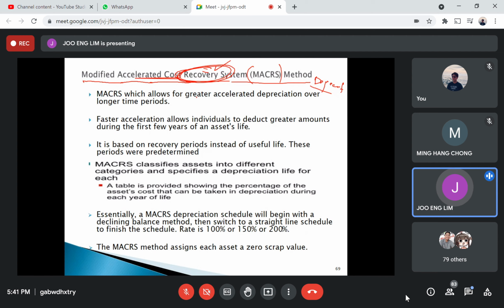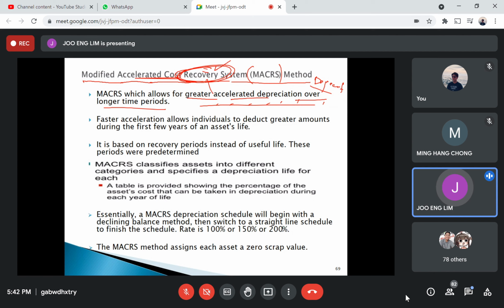MACRS allows for greater accelerated depreciation over longer time periods. This is very good when you have a very long project and you can choose the years that you want to take the project to be depreciated. You have to make a decision first before you apply this technique, on how many years you want to recover your asset.